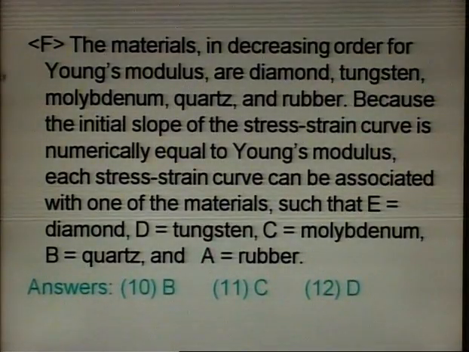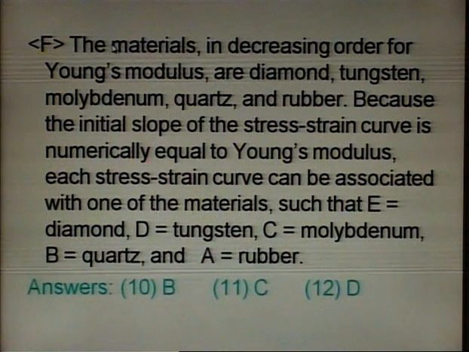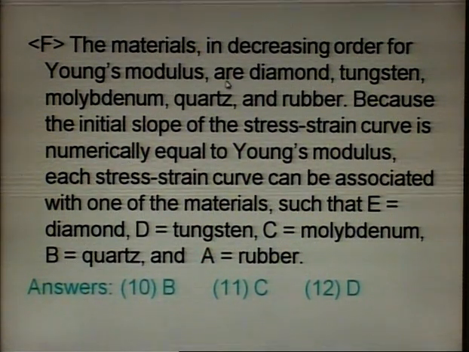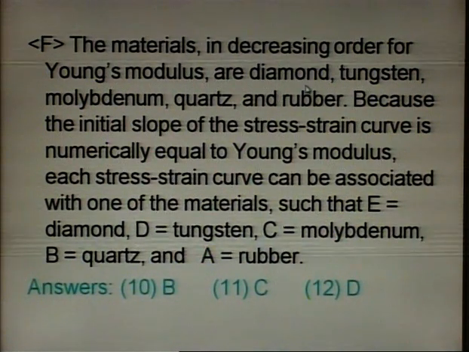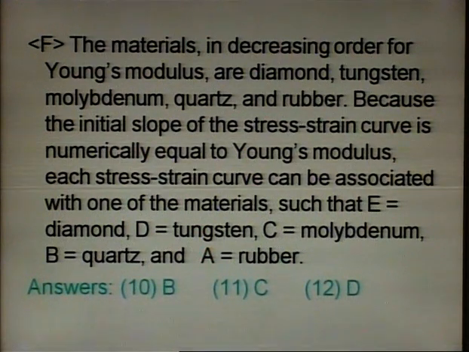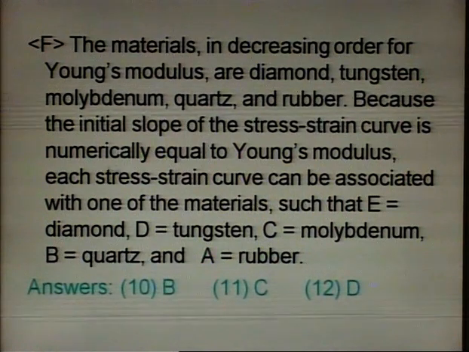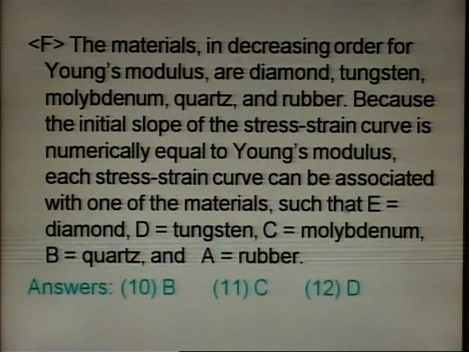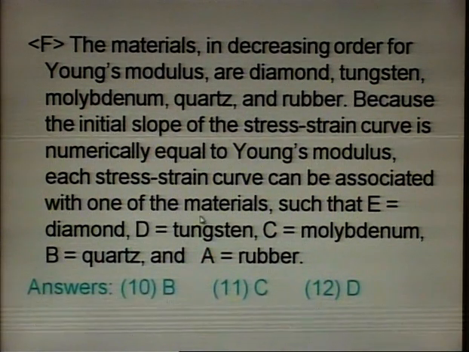So just see here, the materials in the decreasing order of Young's modulus are: the highest Young's modulus value will be of diamond, then tungsten, then molybdenum, then quartz and then rubber. Because the initial slope of the stress strain curve is numerically equal to Young's modulus, each stress strain curve can be associated with one of the materials.